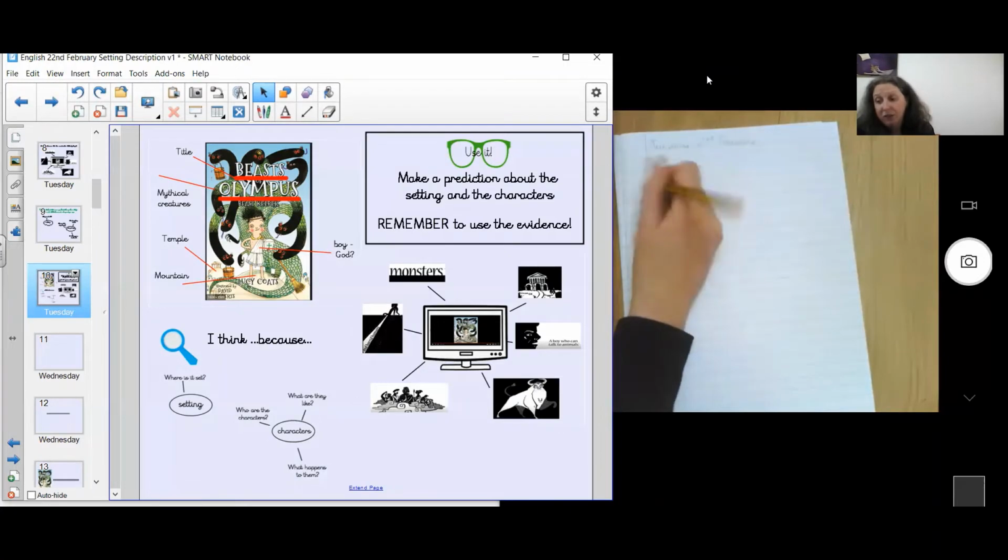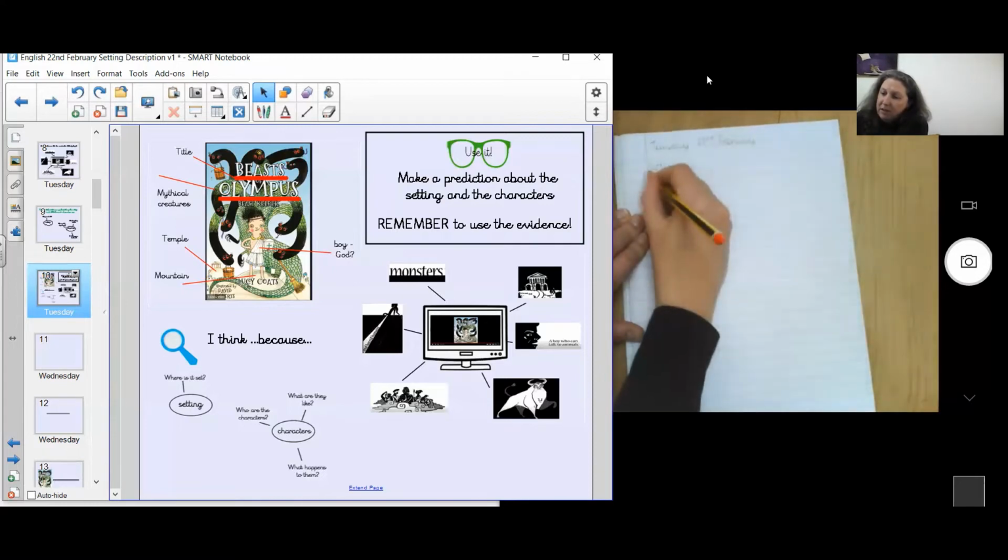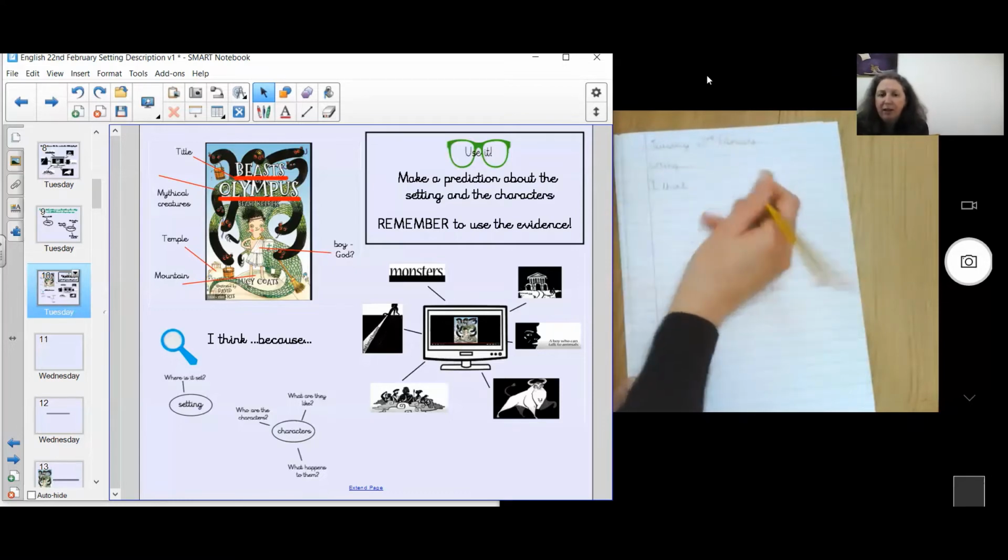What I would like you to do is just have a think. Where do you think our story is set? So what is your prediction for our setting? Okay, just have a think. Okay, so I'm going to start, because I know I start my sentences with I think, and then I would follow that with my prediction.